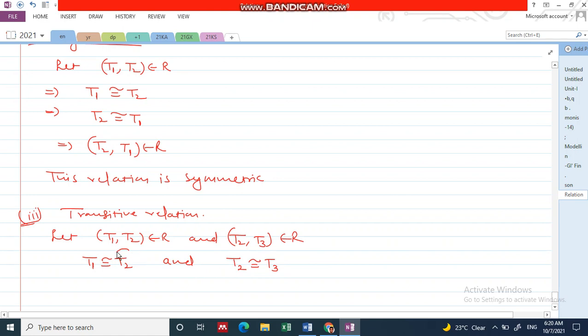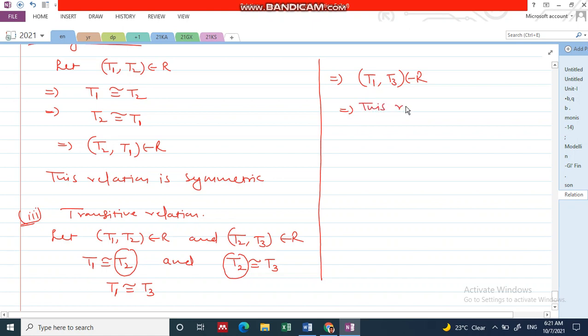So you see that T2 is congruent to T1 and T2 is congruent to T3, so all the angles of these triangles are equal. From here we can say that T1 is congruent to T3. So as T1 is congruent to T3, we can say that (T1, T3) is a member of the relation. It implies that this relation is transitive.